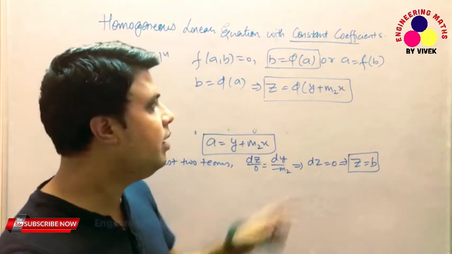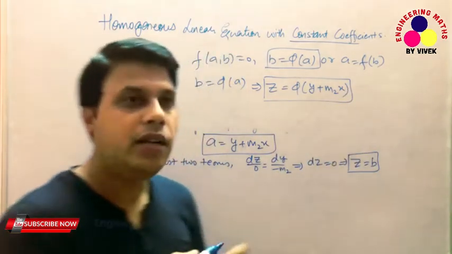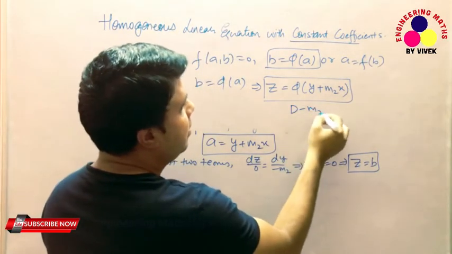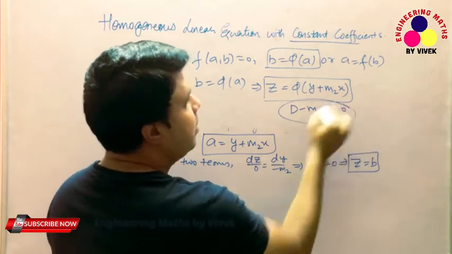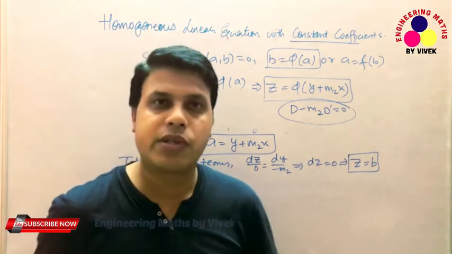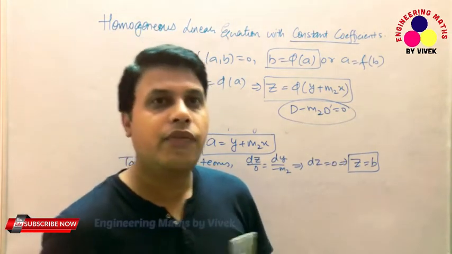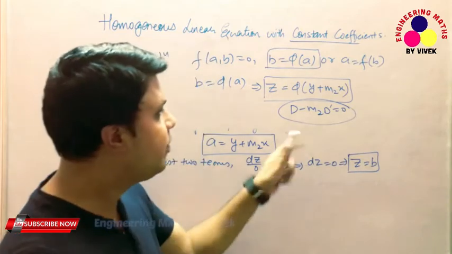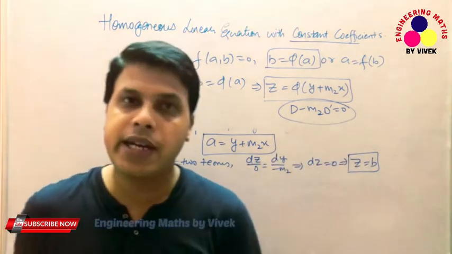That is, we have taken d minus m2 d dash equals to 0. In the similar manner, if we proceed in the same manner, we could take d minus m1 d dash equals to 0.